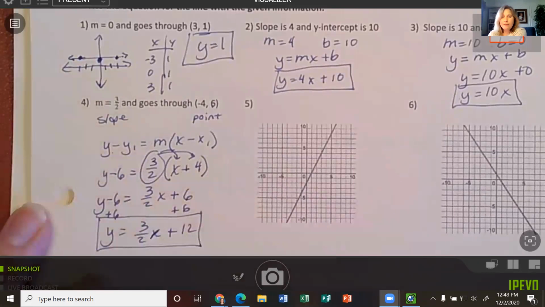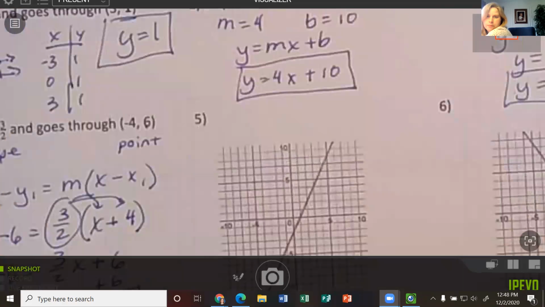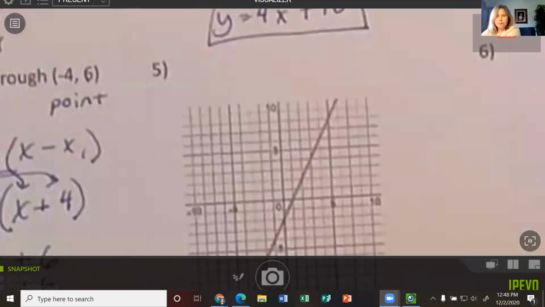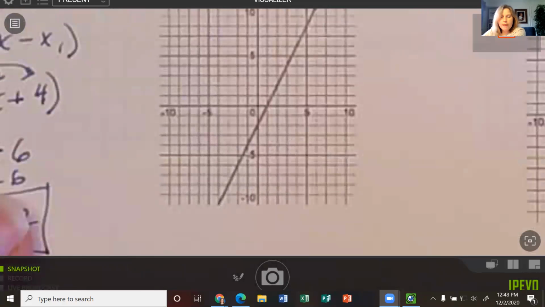Okay, number 5, we are given a graph. All right, and when we look at this graph, we can see that our y-intercept is at -2.